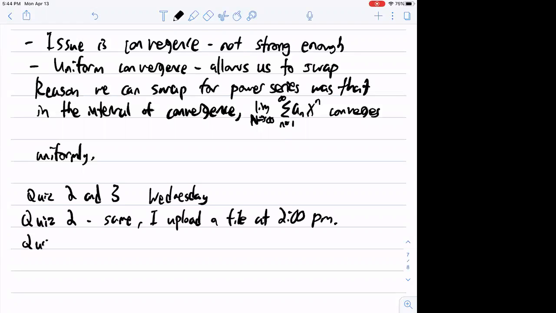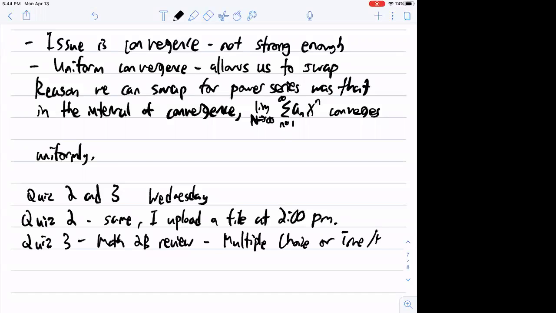Quiz 3 is actually online. Everything is online. So quiz 3 is just math 2B review. All the questions are just, find the interval of convergence of this sum, questions on summation. It should be easy because everything is multiple choice or true, false.